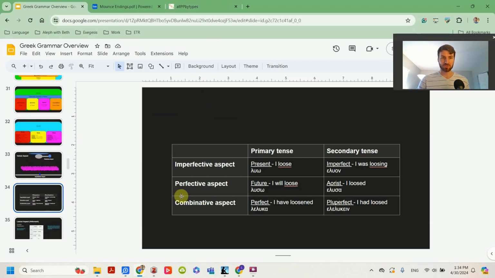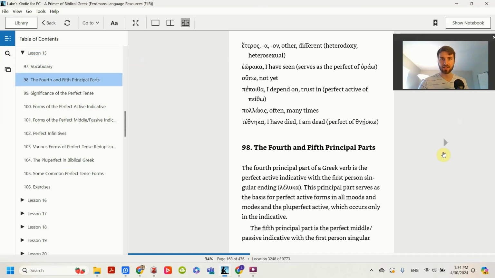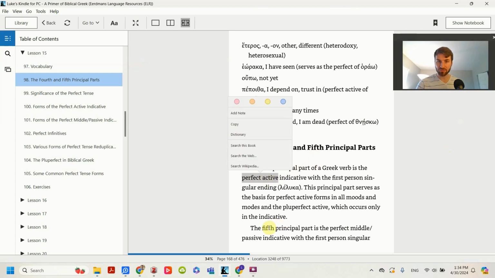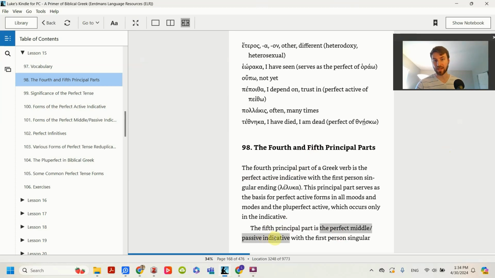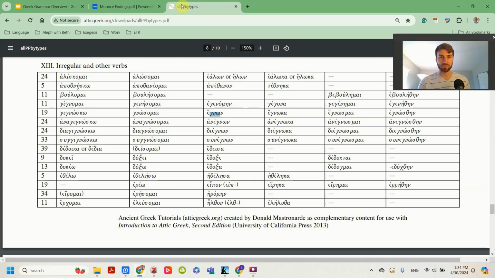So how do we form the perfect and the pluperfect? And you're going to notice here that we have to learn the fourth and fifth principal parts. So the fourth principal part is the perfect active. The fifth principal part is the perfect middle and passive indicative. So what does that mean? So go to our principal parts.